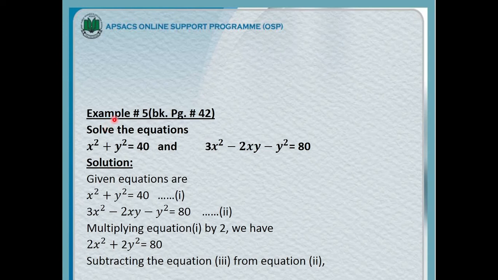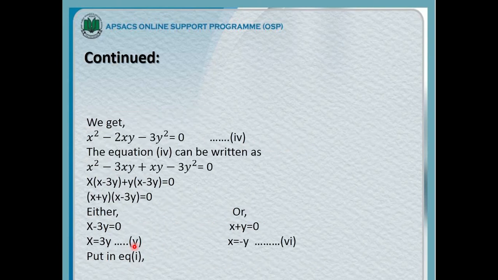This is example number 5 on book page number 42. In this question, both the equations are quadratic. So equation number 1 and 2 are the given equations. We will multiply equation number 1 by 2 to get this equation. By subtracting equation number 3 and 2, we get x square minus 2xy minus 3y square, and this equation can be factorized by the middle term breaking method to get two values of y.